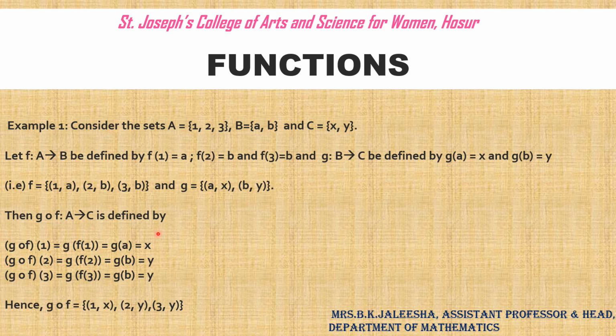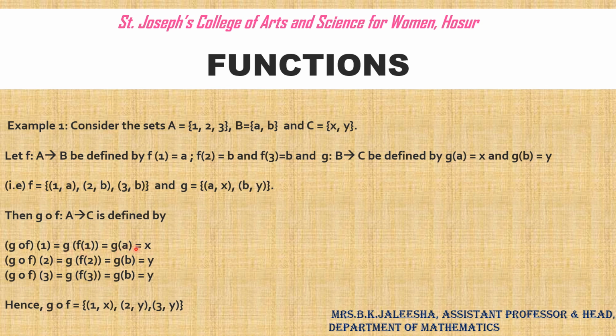Now we need to find the value of g dot f. We know it is from A to C. So g dot f has domain A, so it gives values for 1, 2, 3. So we need to find g dot f of 1, g dot f of 2, g dot f of 3. For these three values, we need to give the answers. g dot f of 1 is g of f of 1, because first we need to solve f of 1, and for that answer, we apply g. f of 1 is a, so we put a in place of f of 1.